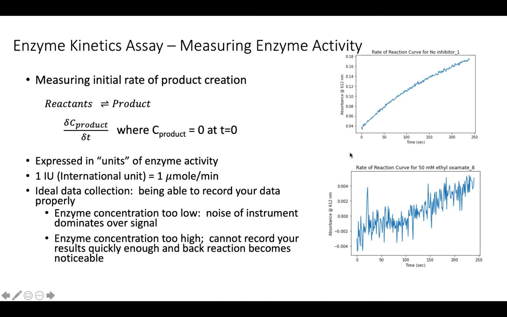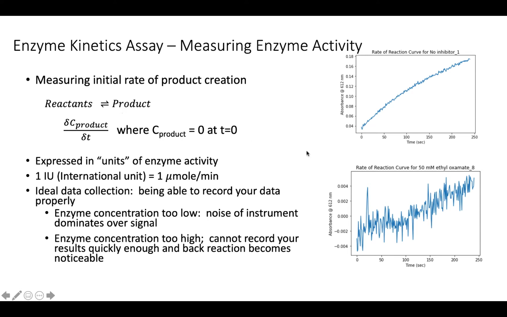As you can see here, you have an initial straight line, and then it starts leveling off. This is very typical of a kinetic assay, or in this case, our activity assay. What you will be measuring is only this initial rate of change.